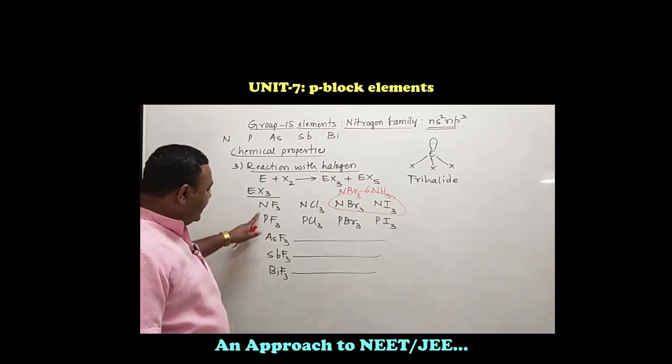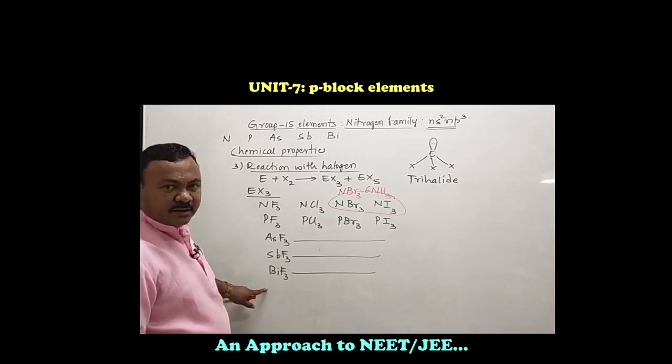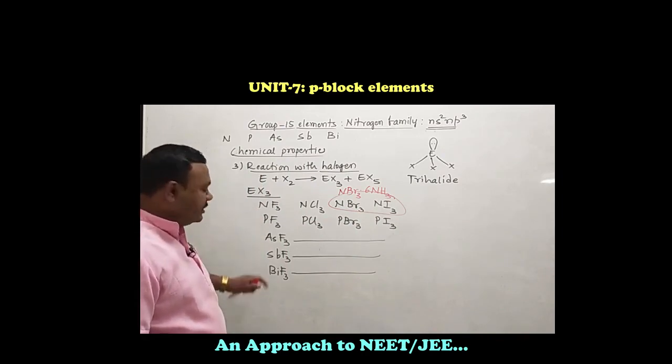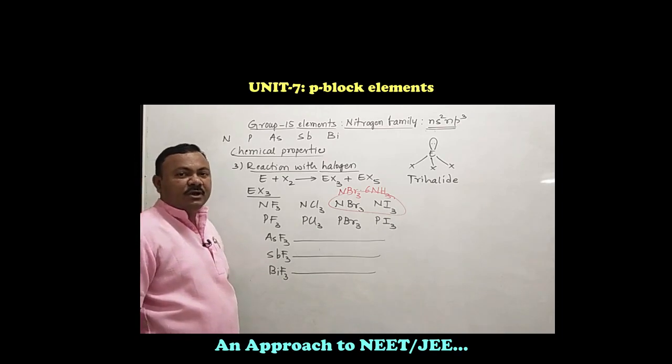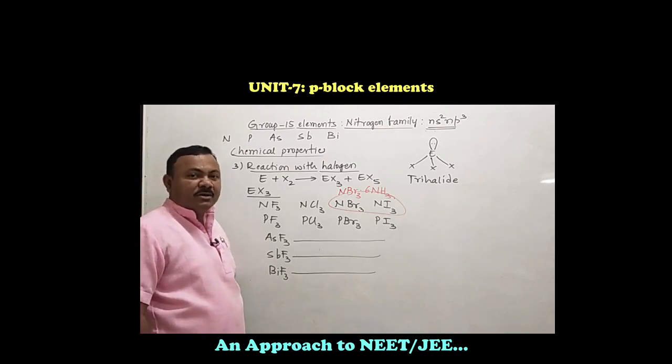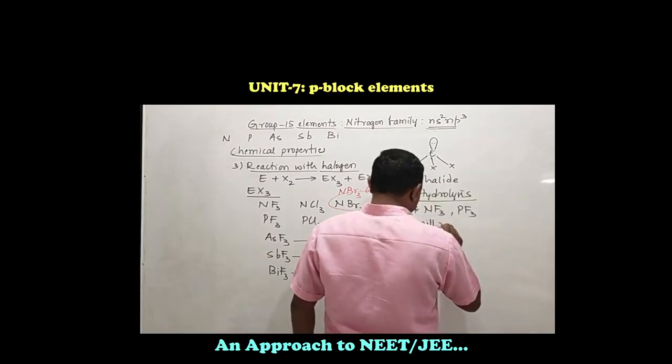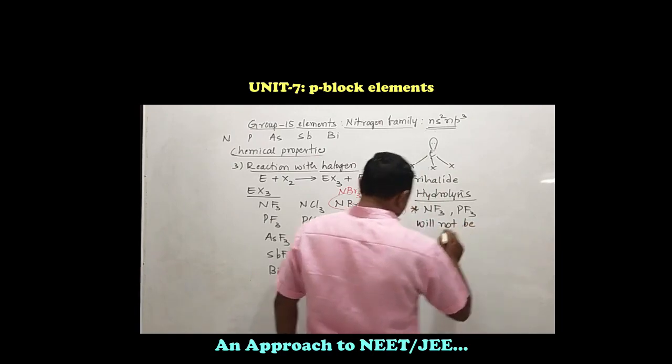Now when we move from NF3 to BiF3, electronegativity of the central atom goes on decreasing. Now see, with respect to that electronegativity, we are predicting some important properties.